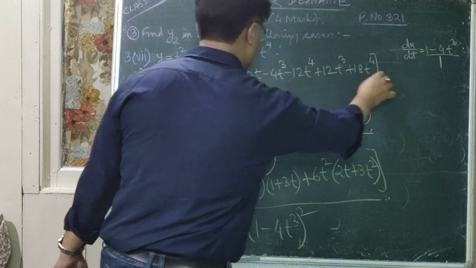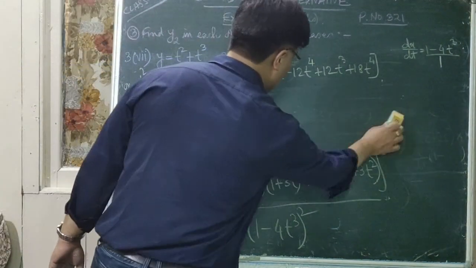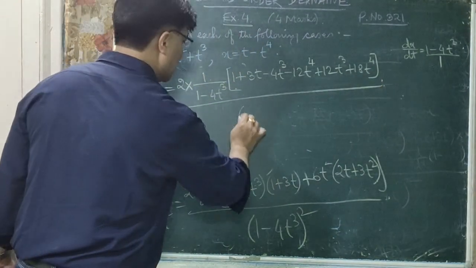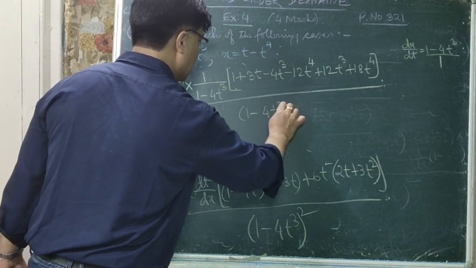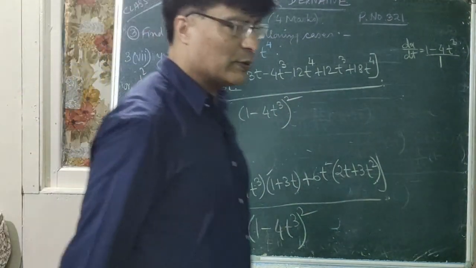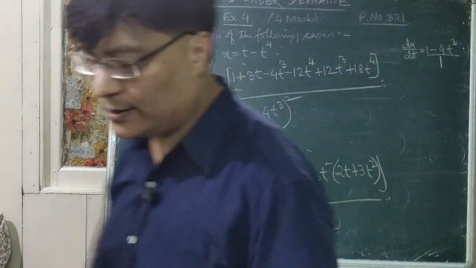Third bracket is closed, right? So the whole is divided by what is there? This whole is divided by the denominator, 1 minus 4t cube whole square. So I think you have understood it. Now you have to simplify the expression within the third bracket. You can easily simplify it, right? So let's simplify it now.